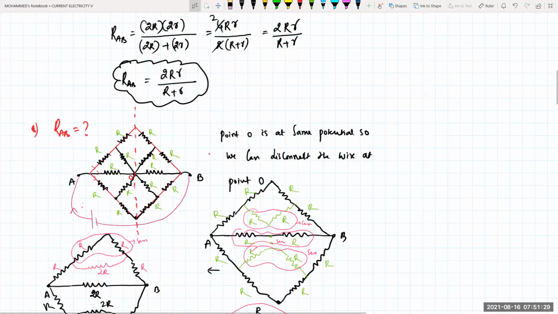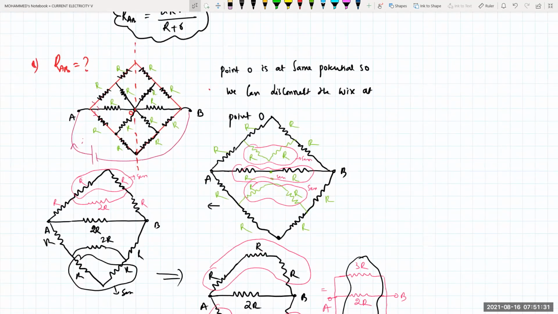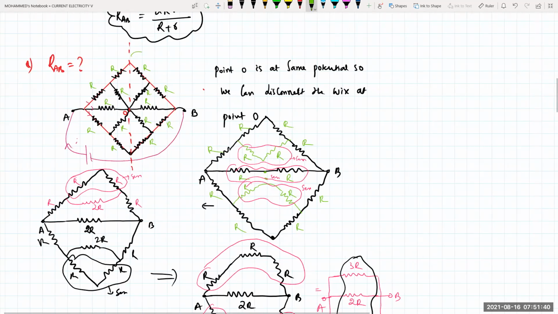Over. Yes, sir. So next one, see. I need to calculate the resistance across points A and B. Again, draw a perpendicular axis of symmetry. Is it forming the perpendicular axis symmetry or not? This is your perpendicular axis of symmetry. Is it forming the mirror image or not? Point O is at the same potential, so we can disconnect the wire at point O. When I disconnect point O, this will become something like this.